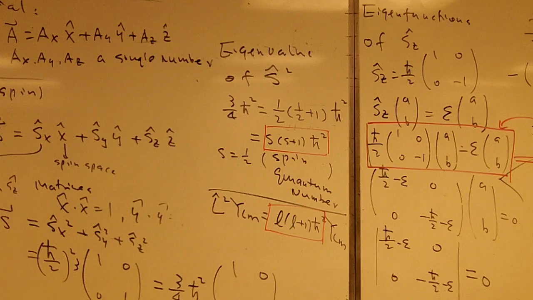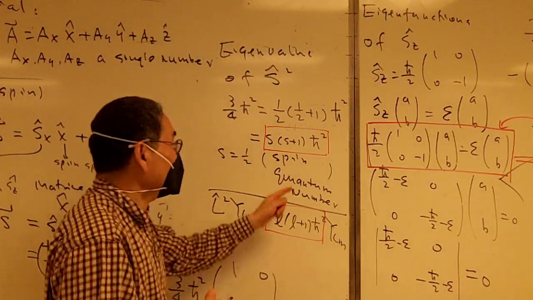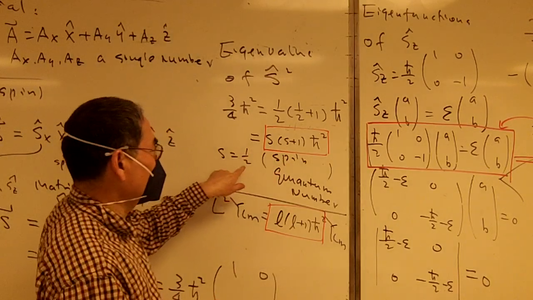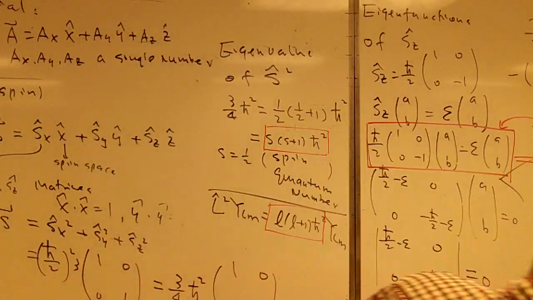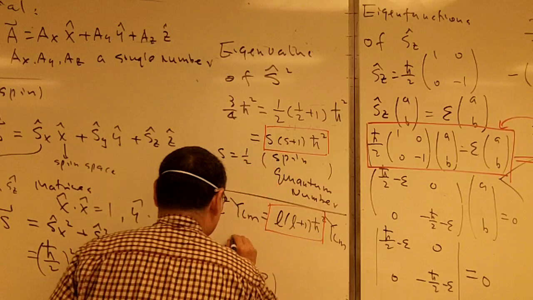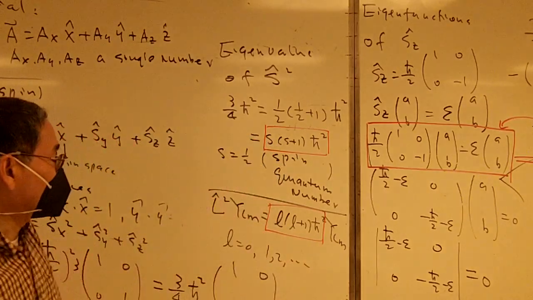They are exactly the same. That's why people said, wow, the spin part is actually just like angular momentum, except its quantum number is now changed to 1/2, while for the orbital part, L equals 0, 1, 2, keep on going like that.